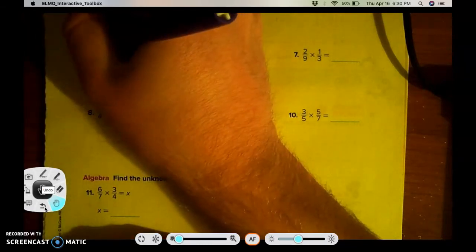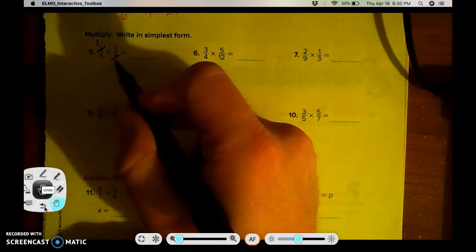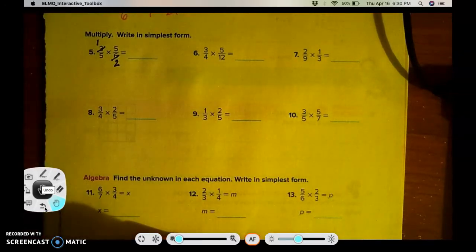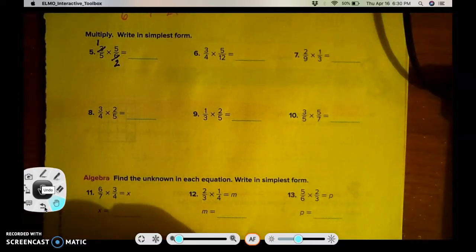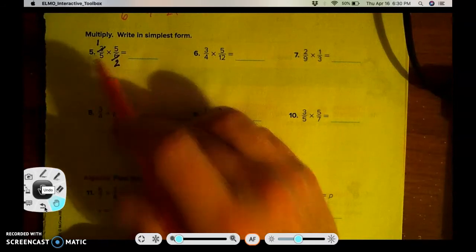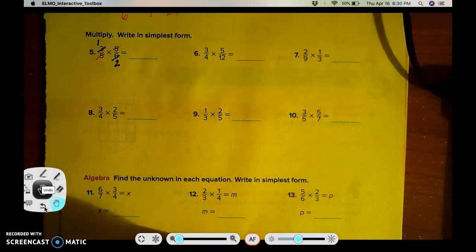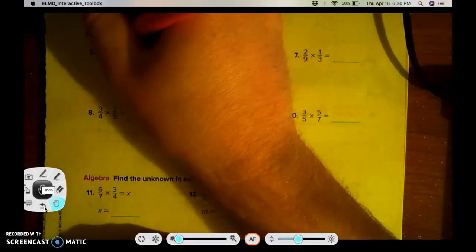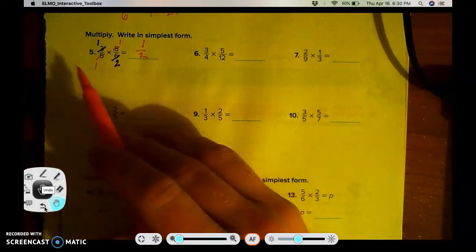That becomes 1 because 3 divided by 3 is 1. 6 becomes 2 because 6 divided by 3 is 2. Now I can go even further because I have another numerator and denominator that I can reduce. 5 and 5 have a common factor of, yes, you guessed it, 5. So I can divide them both by 5, which gives me 1 and 1. So my final answer is going to be 1/2 because I have 1 times 1 and 1 times 2.